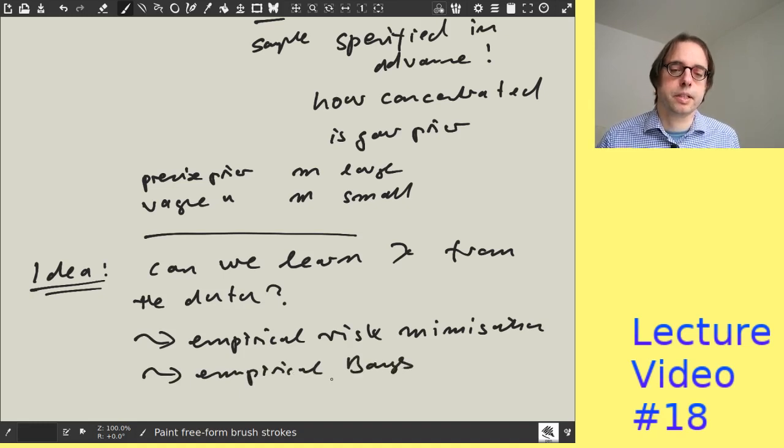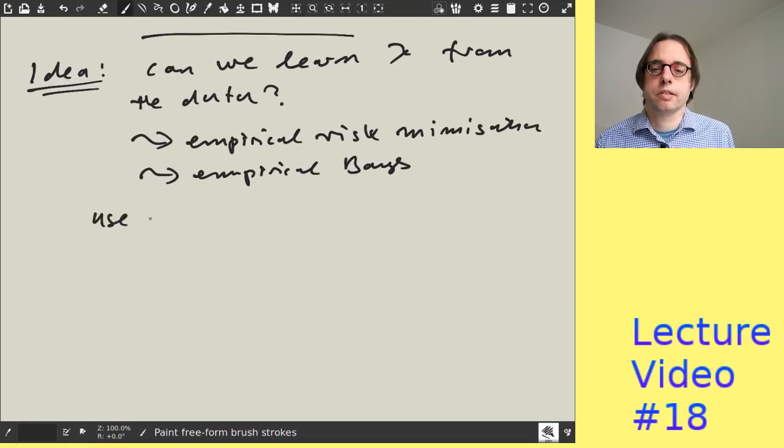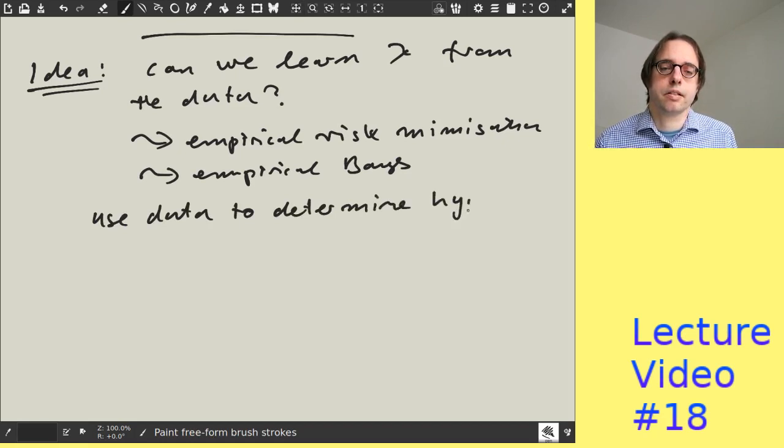This empirical means we actually use data to determine the hyperparameters.